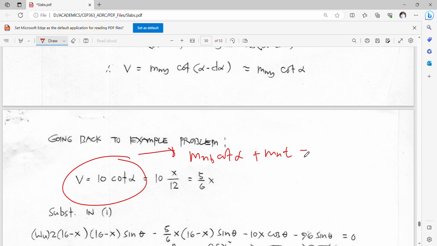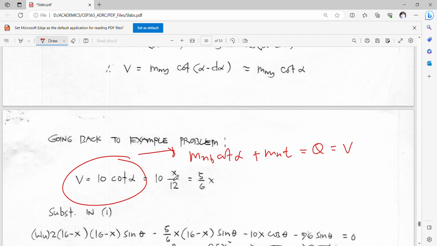This is your q in my video. Upon getting 10 cotangent alpha, we equate it to the equation coming from the previous video.